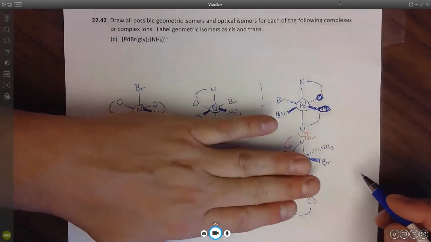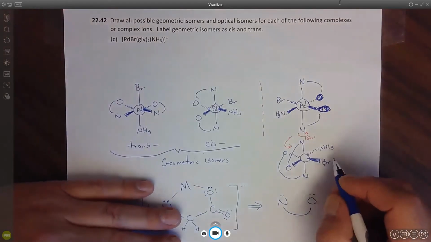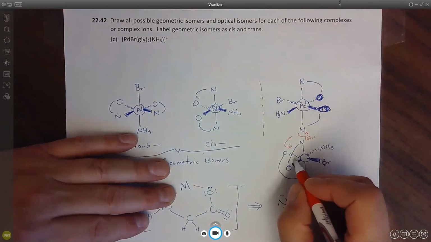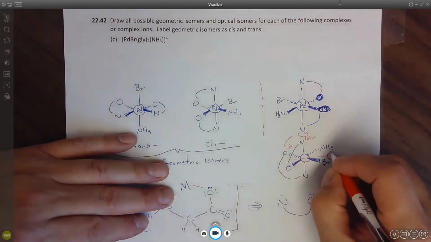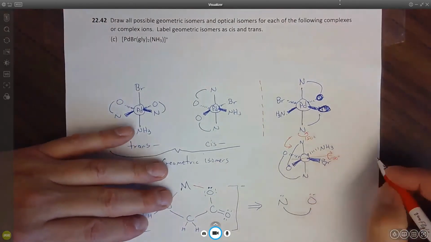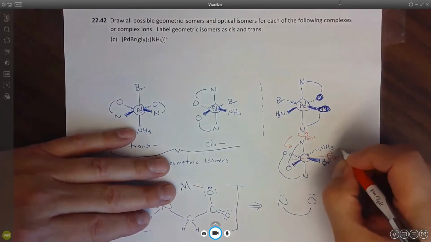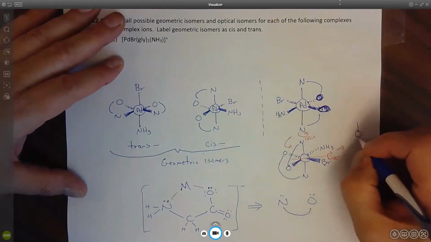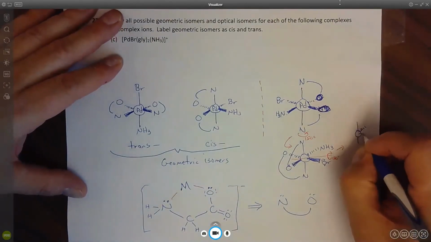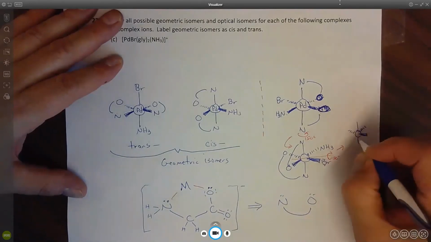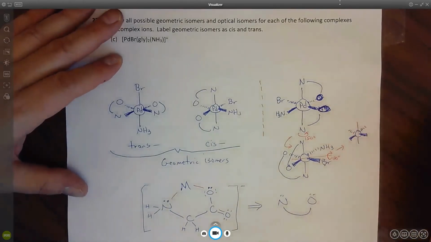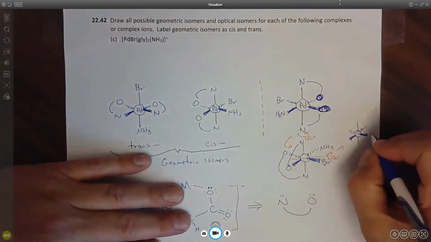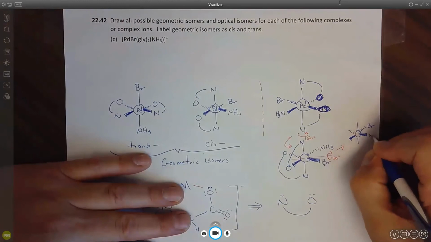So now we're going to have to rotate the molecule this way, along this axis. We're going to rotate it 180 degrees again, and that will give us this structure here. So again, we have our central palladium. This time, we're going to rotate it this way, so that is going to put the bromine here and the ammonia here.